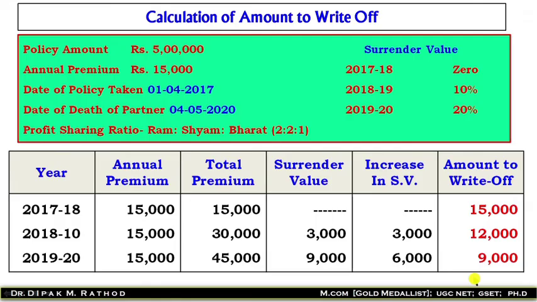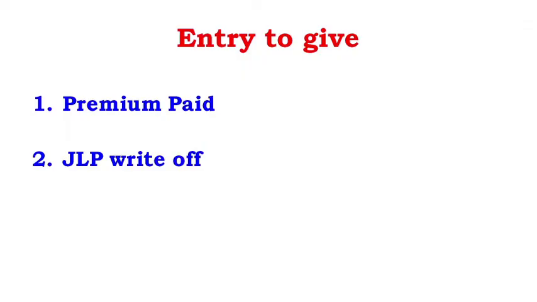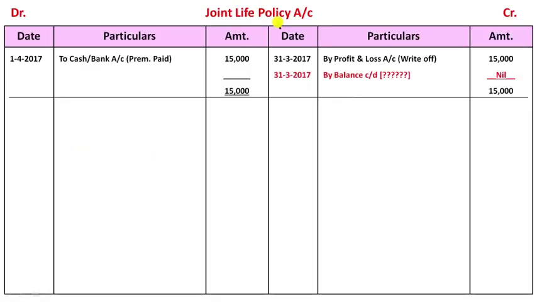Now let's prepare the joint life policy account. For joint life policy we need to remember that for every year we have to do the effect of premium paid and JLP write off. So let's do it here. See here, this is first year premium paid on the debit side to cash and bank account 15,000.